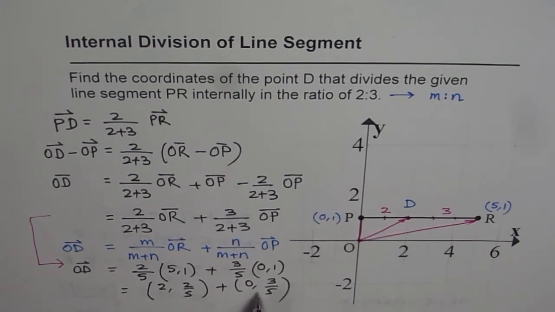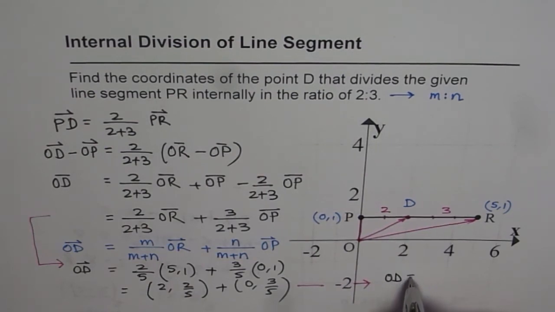Now let's combine them since I'm running out of space. So what I'll do now is switch over to this side. So 2 plus 0 is 2. So let me write down here OD equals (2, 2 over 5 plus 3 over 5), which is 5 over 5, which is 1. So I get the coordinates of D.